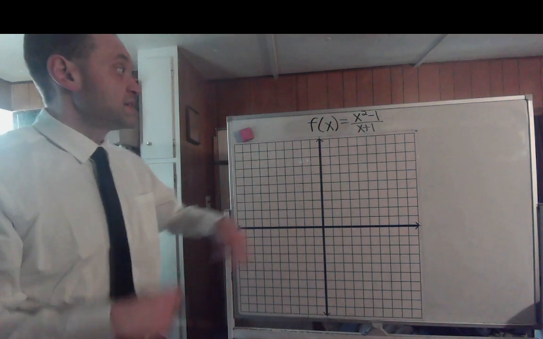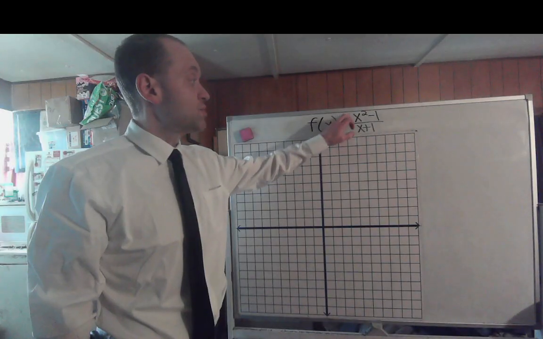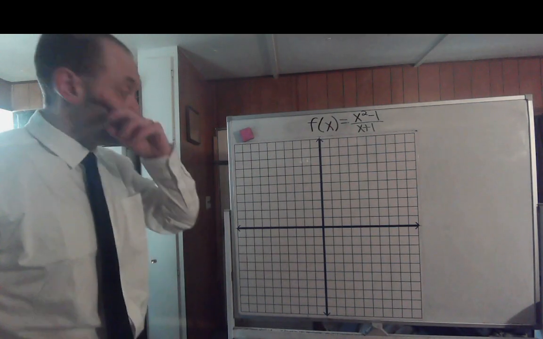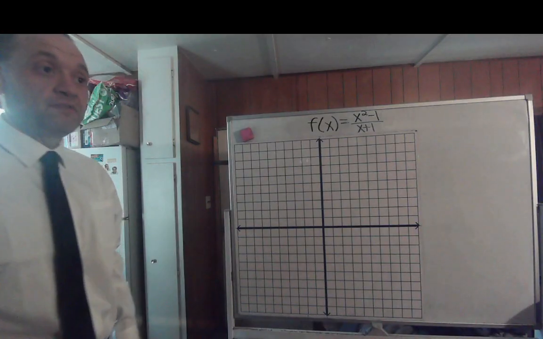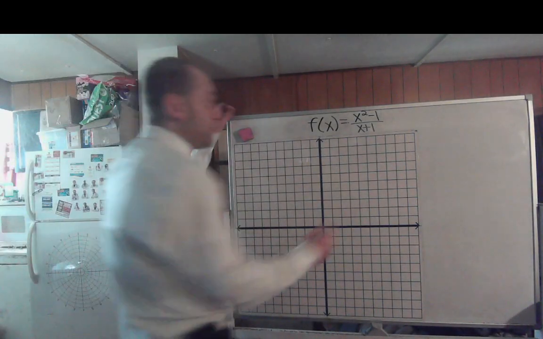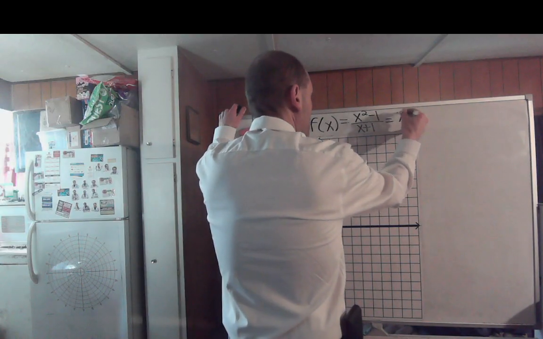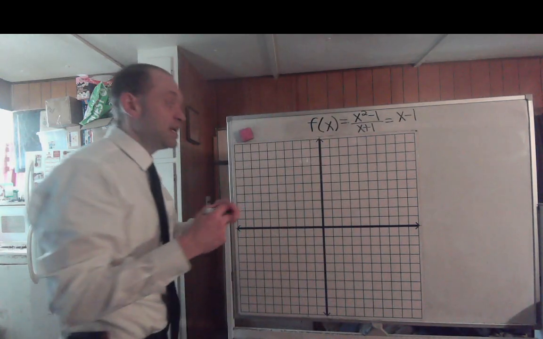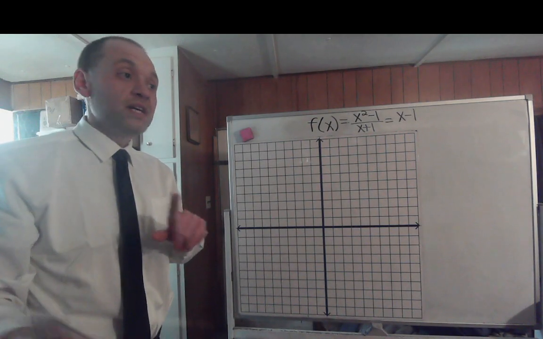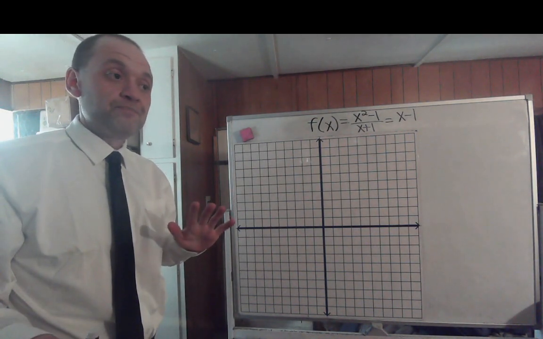So f of x equals x squared minus 1 over x plus 1. Well, it's pretty apparent we can factor this, right? What's that going to factor into? It would just simply equal x minus 1, which would give you a line. It would look like we're done, no asymptotes or nothing.